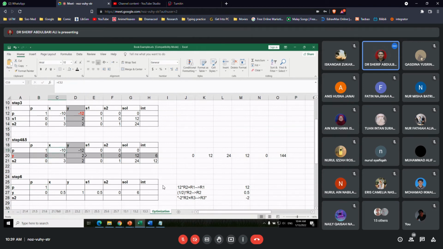Negative 10, you subtract the value in here, so this is what's happening here. It's not negative 4.